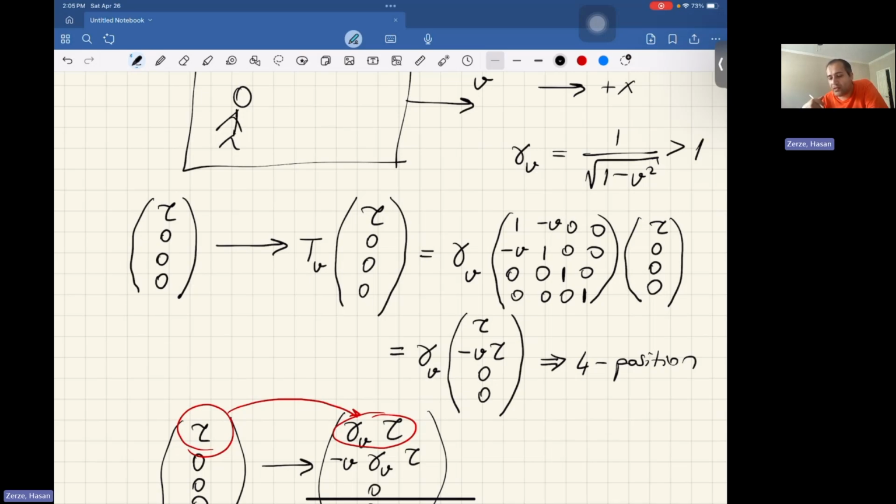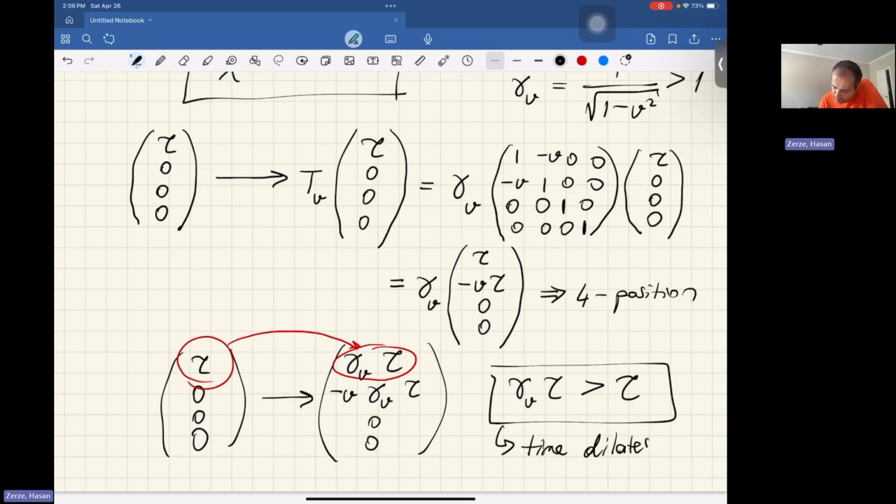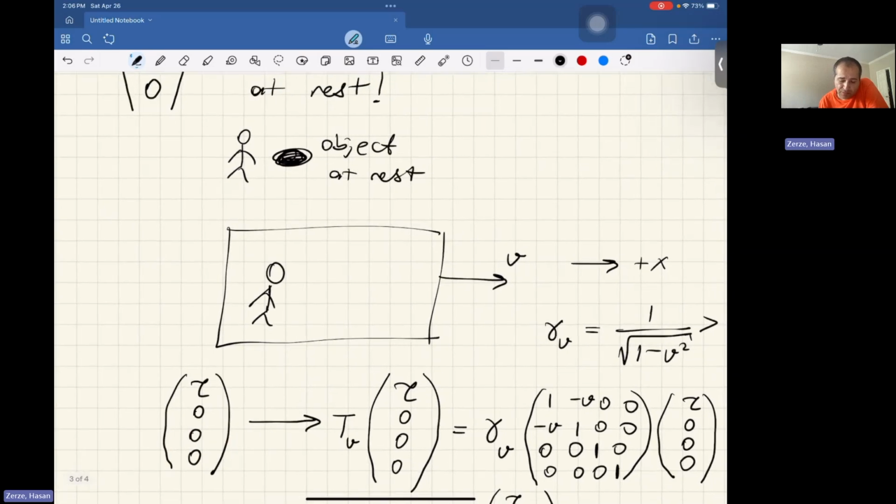So gamma v tau becomes larger than tau. This means time dilates in the reference frame of the observer that's moving with a velocity v with respect to the object at rest.